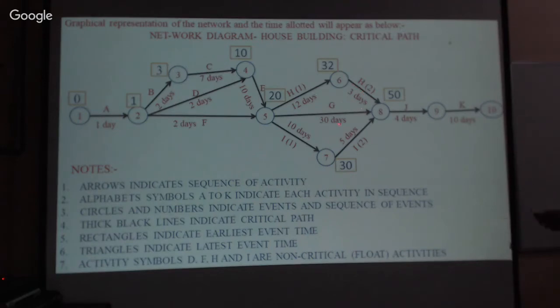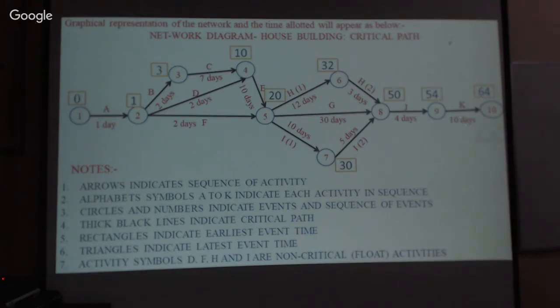That is 20 plus 30, 50 days. And further, to complete this event, the time required is 54 days. Now, similarly, to complete this event, the time required is 64 days.